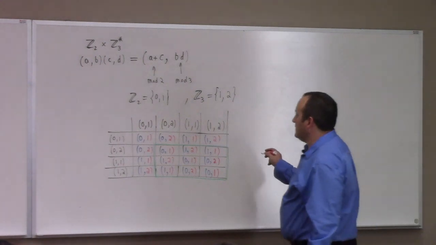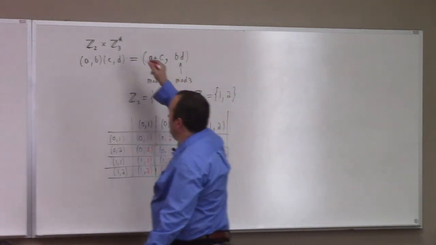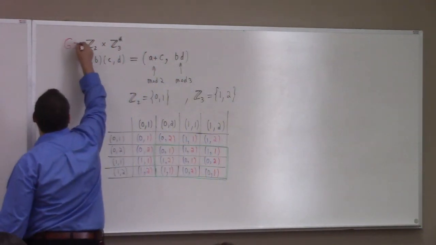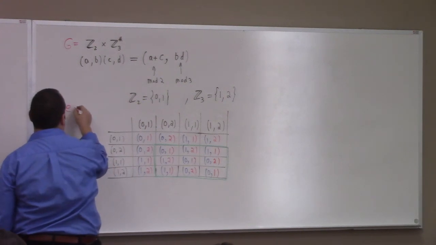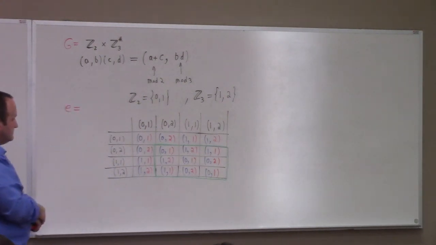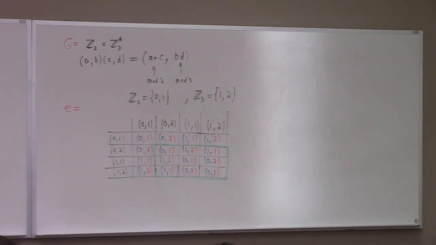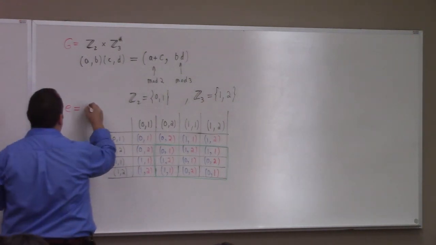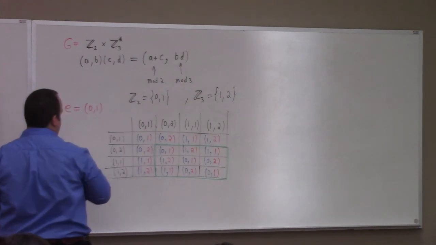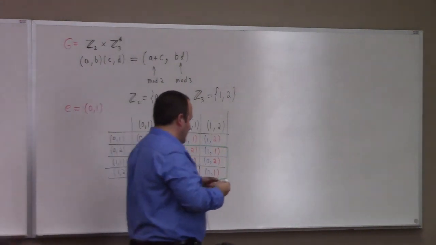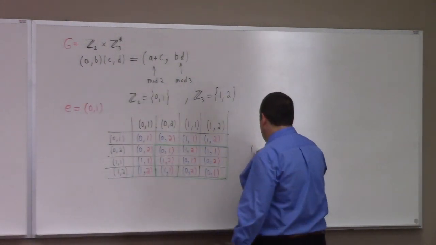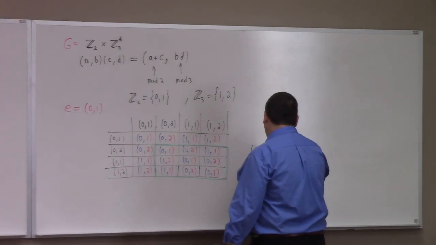What's E in this group? If I call this thing G, what is the identity in this group? What's that? 0, 1. Very good. So what would 1, 2 inverse be equal to?